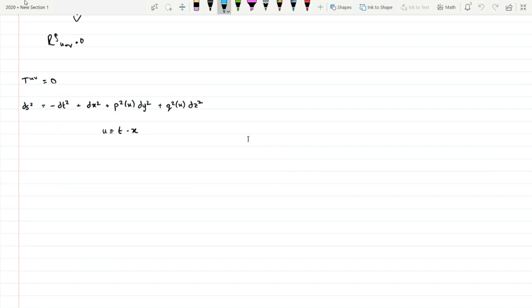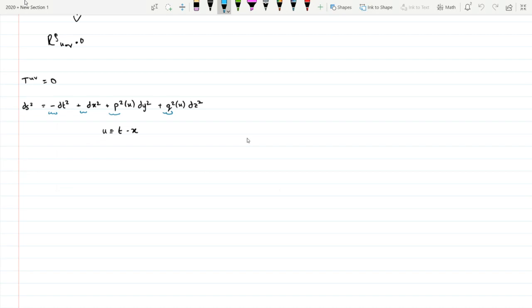So let's see why. So here's what's important. You can read off the coefficient of dt to understand how our time behaves, and you can read off the coefficient of our spatial metric components to understand how space behaves. So you can see there's a difference between our normal Minkowski and this.